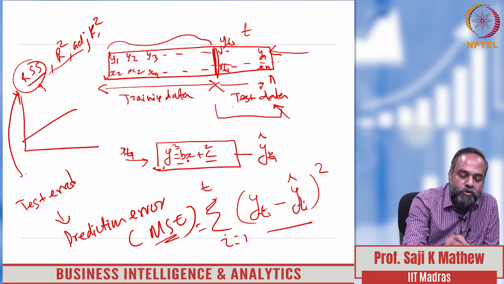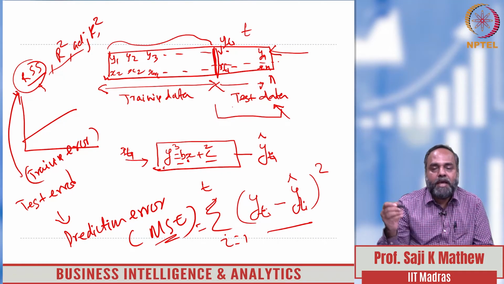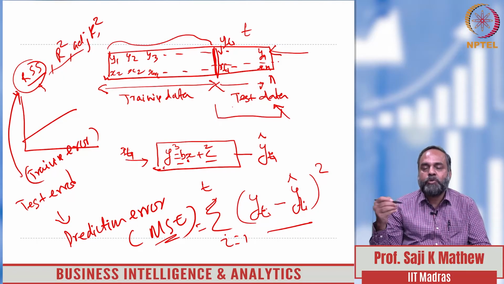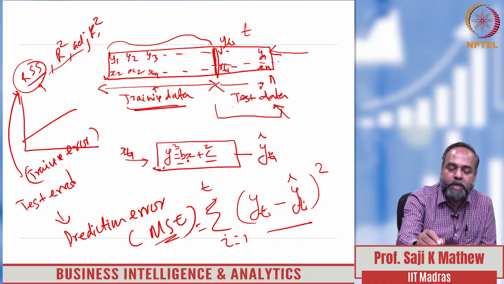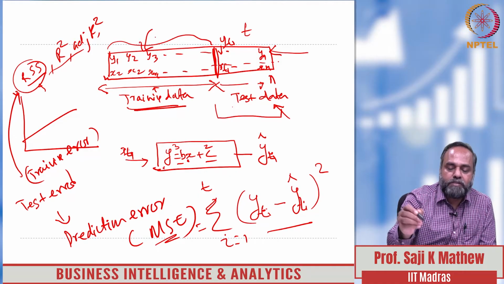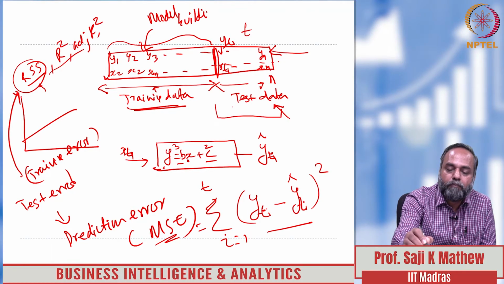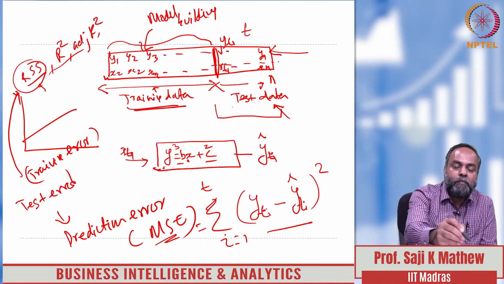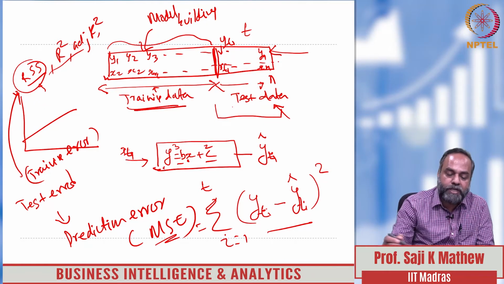This RSS can also be called training error, because model building is actually through training. You use training data, and therefore this is actually model building. So the error during model building is the residual sum of squares or the training error, and the error during prediction is the test error.